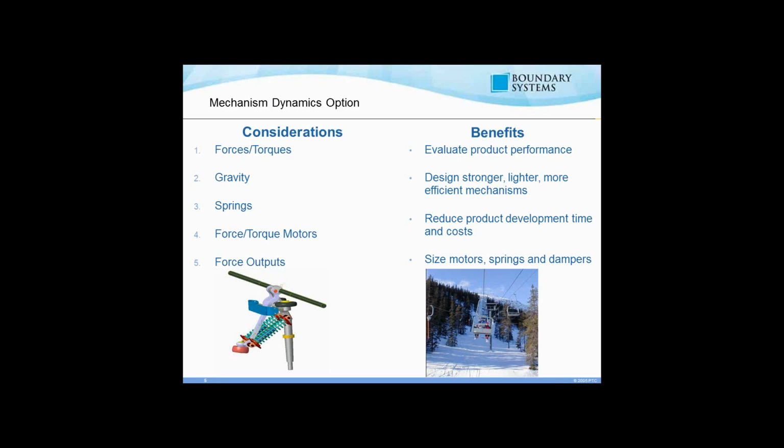Okay, now quick introduction here with mechanism dynamics. So in Creo, whenever you get the base seat of Creo, and you click on the applications and the mechanism tab when you're in an assembly, that typically will take you into the mechanism extension. And the base mechanism extension is really only a kinematic analysis module. And so that will only allow you to define your mechanism with the different joints between them.